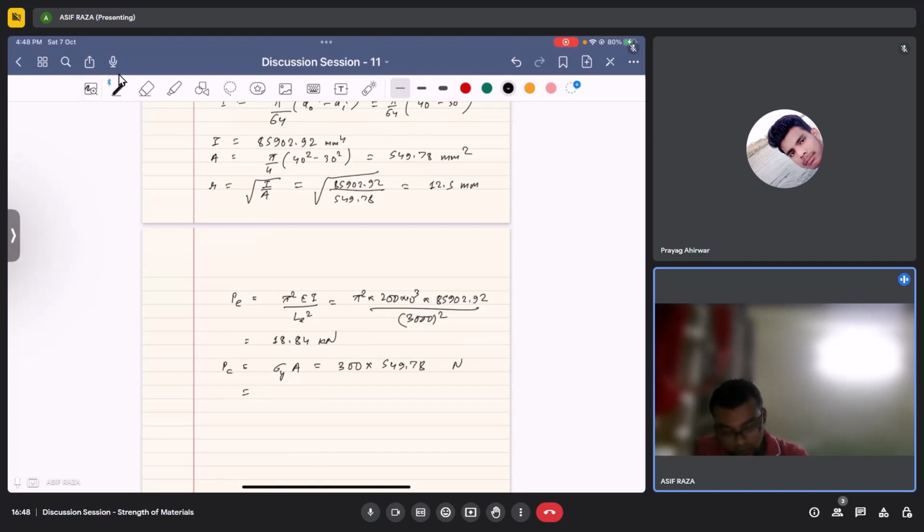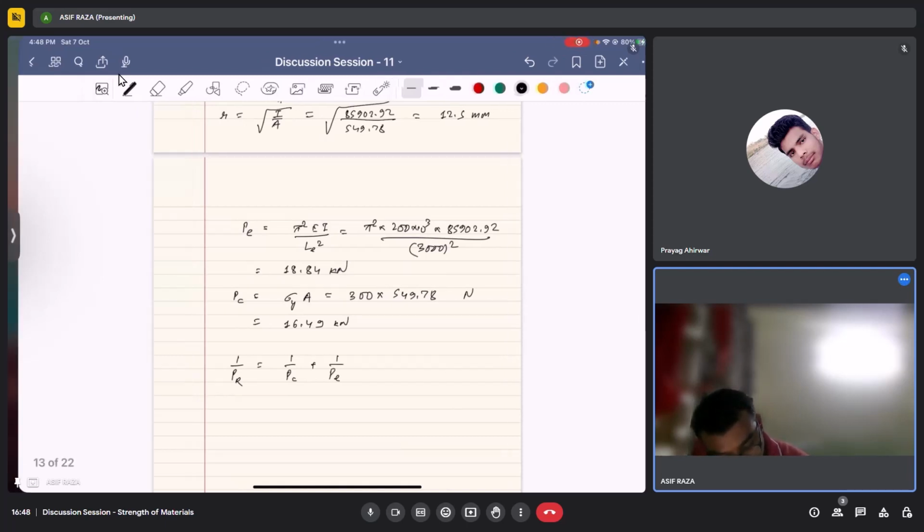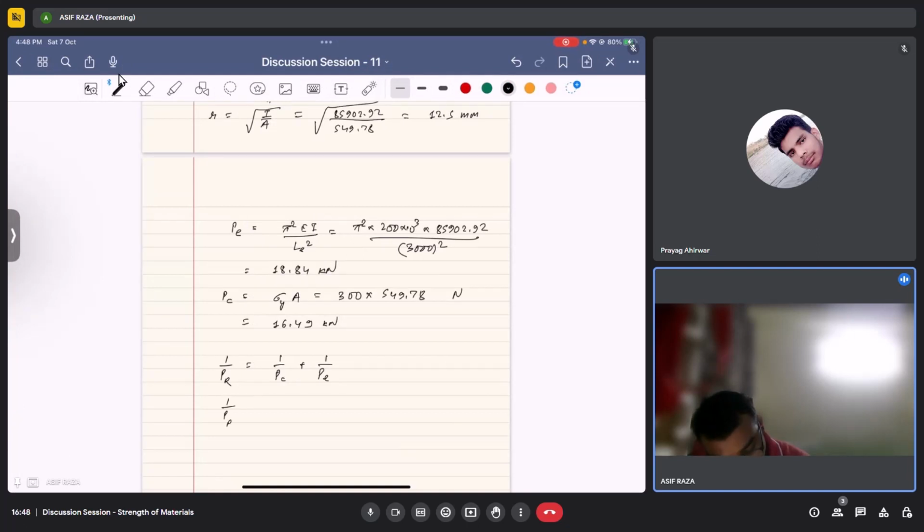So 300 into 549.78, this would be 16.49 kilonewton. I can use this formula now, 1 upon PR is 1 upon PC plus 1 upon PE, to find PR. So 1 upon PR is 1 upon 16.49 plus 1 upon 18.84.